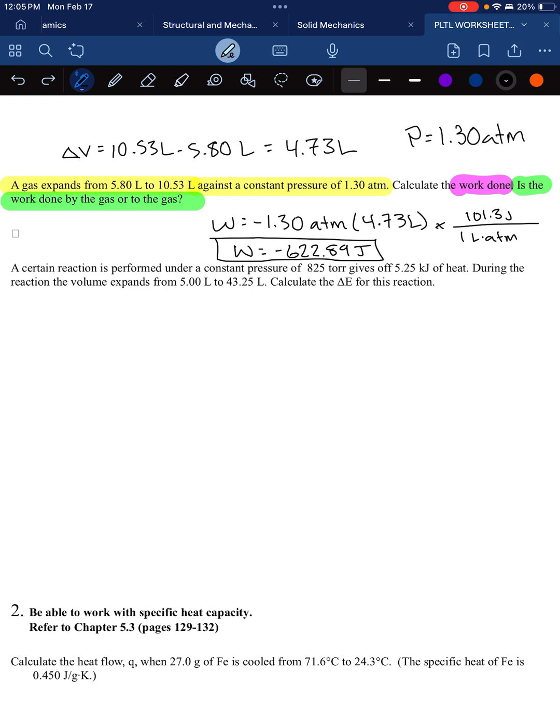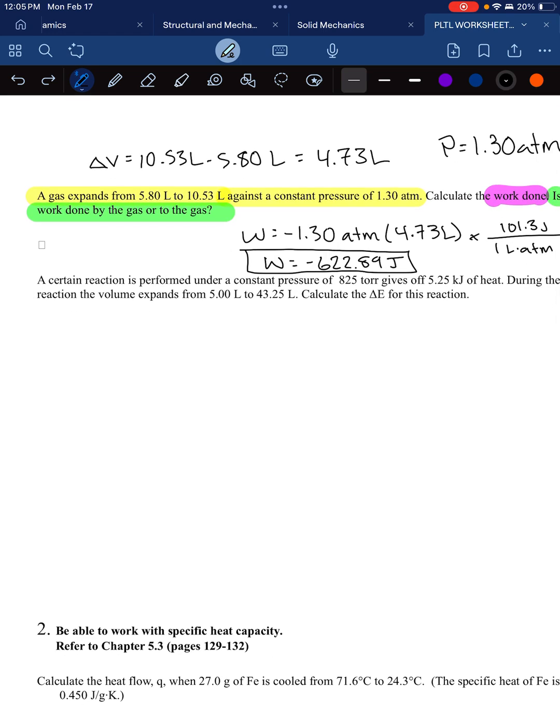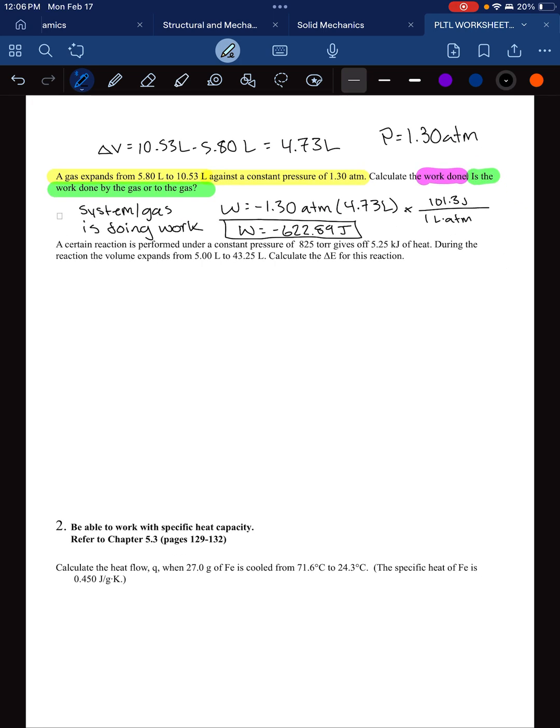The system is losing energy, therefore the system slash gas is doing work. Okay, so that answers that full question.